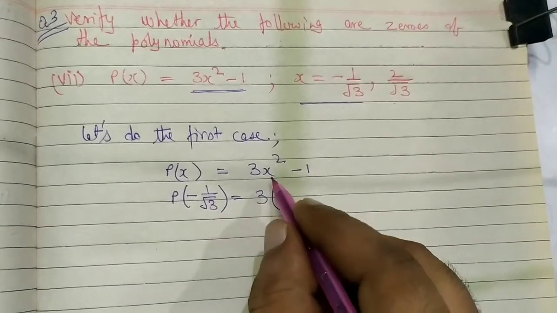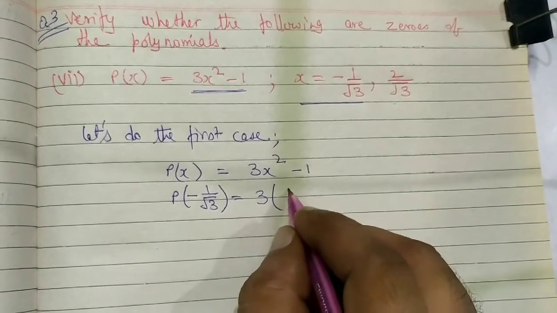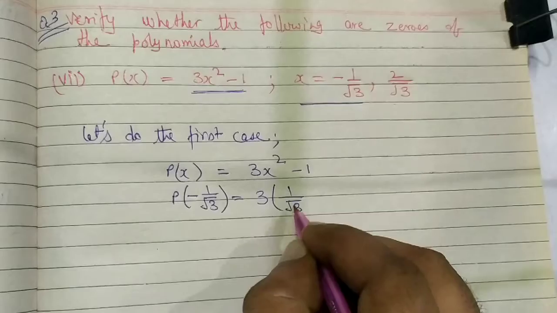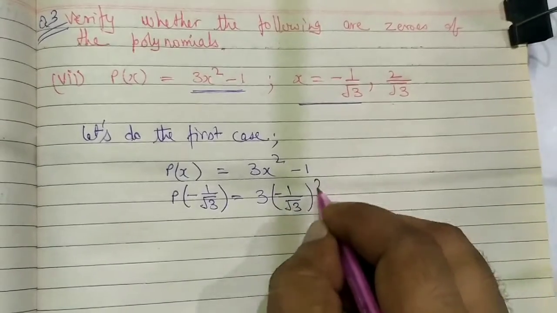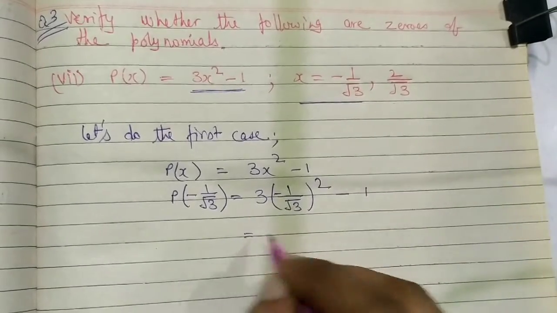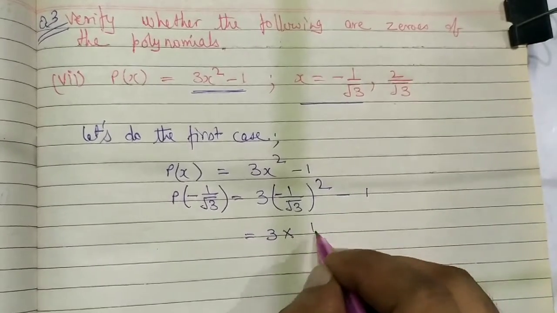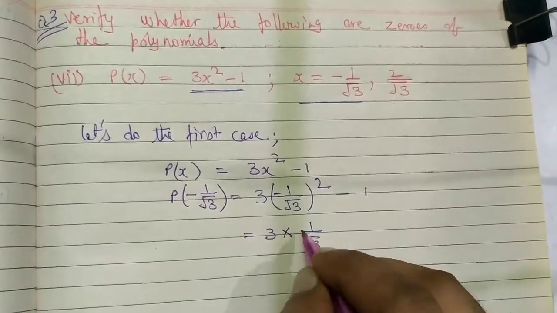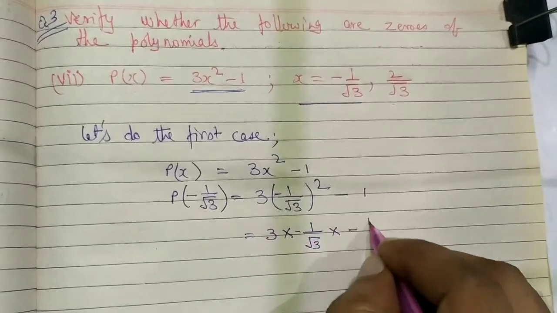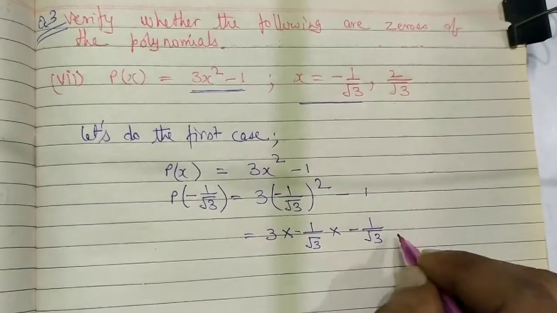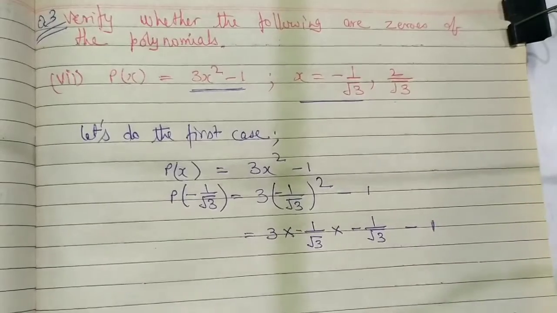So we need to substitute the value of it in this. So it is 3 into minus 1 upon root 3 whole square minus 1. Okay, now square means multiplication two times, like this, into minus 1 upon root 3 and minus 1.